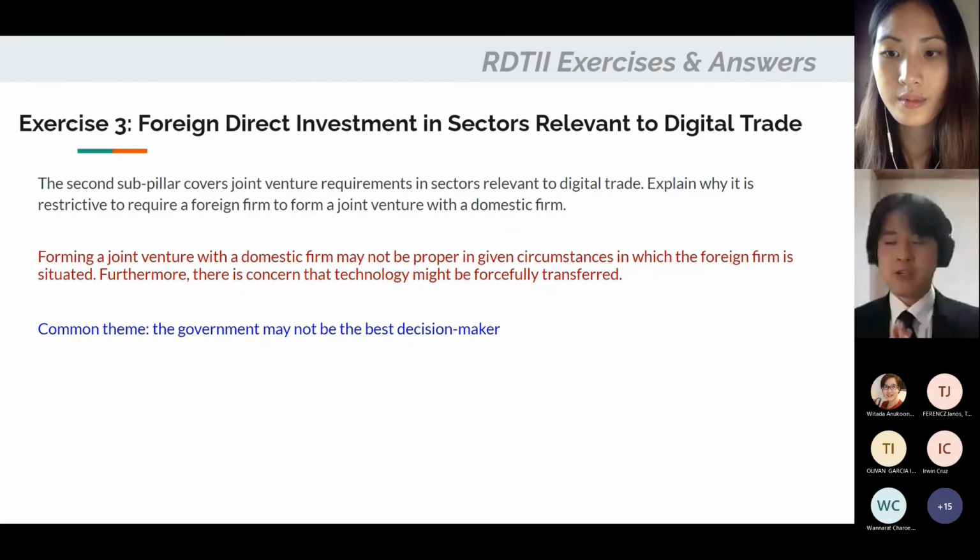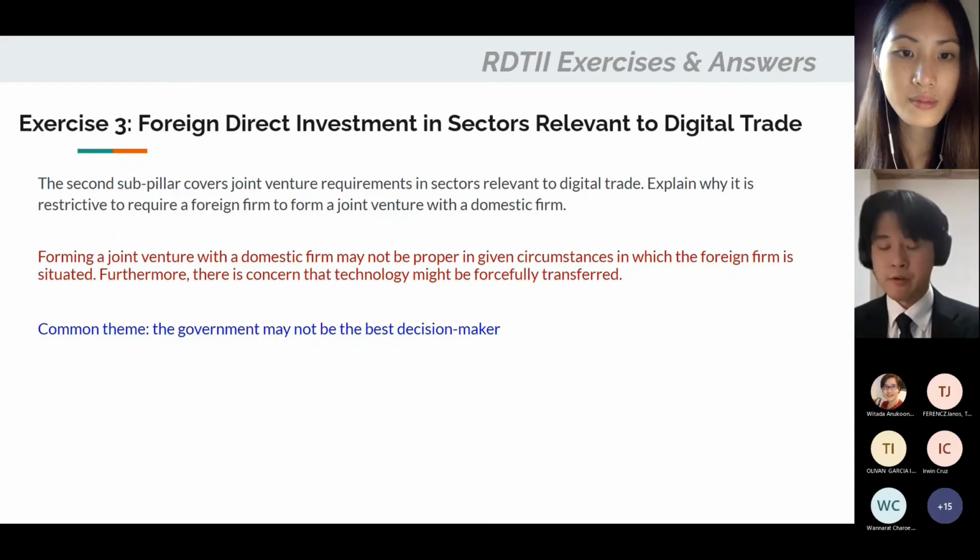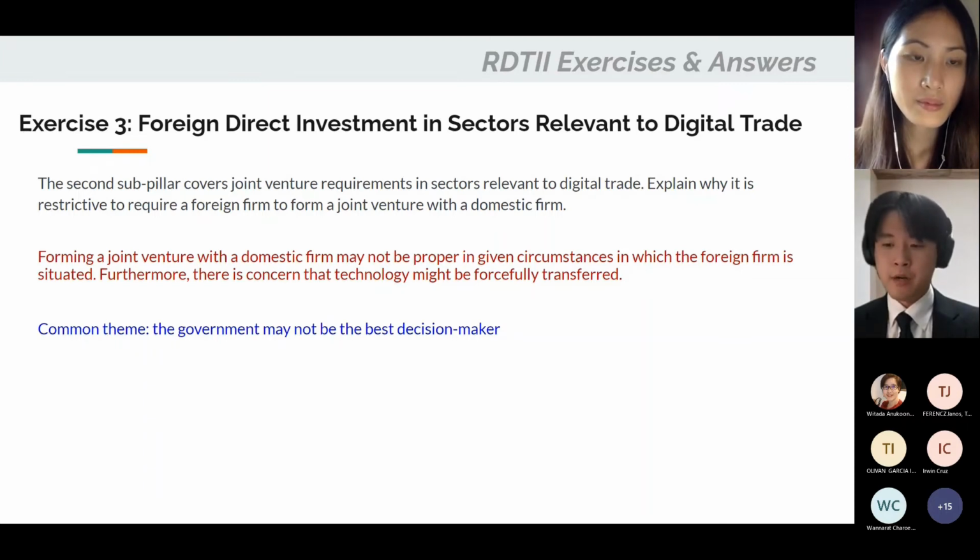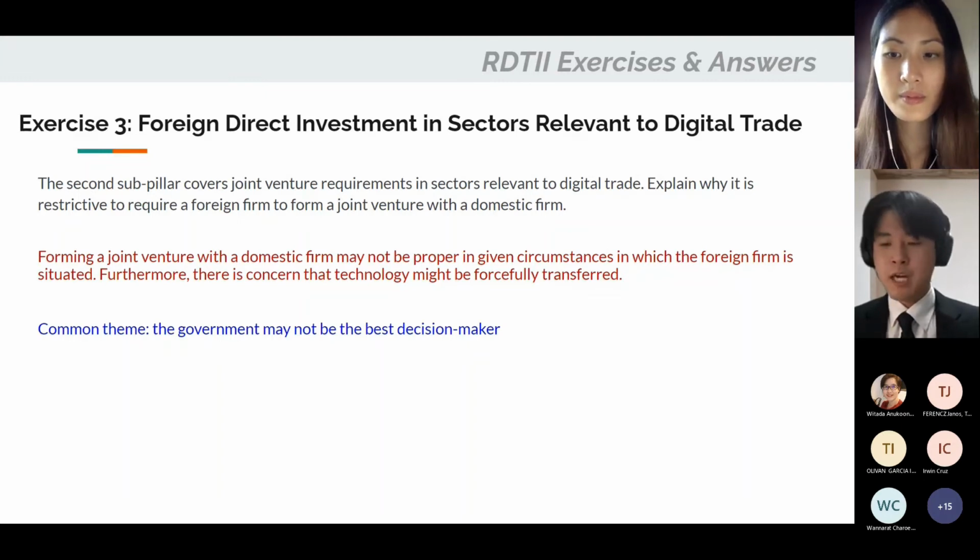And throughout the RDTII, the RDTII sometimes considers that the government is not the best decision maker. So in this example, I already illustrated how that is so. But in Pillar 8 and Pillar 7, which deal with data domestic policies, sometimes it should be up to the discretion of business owners, not necessarily government.